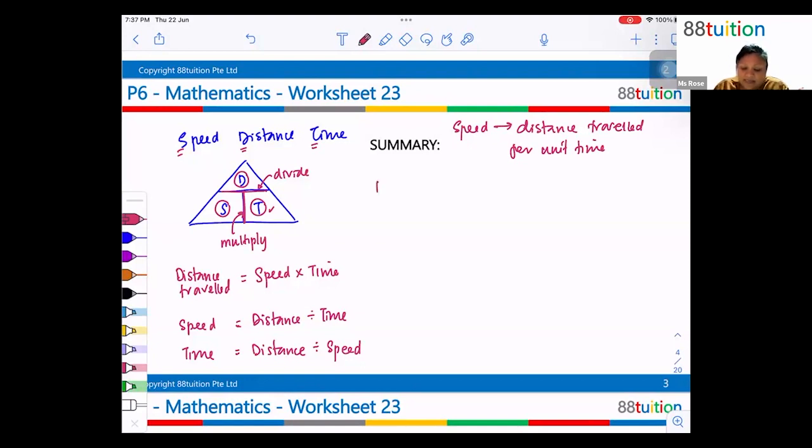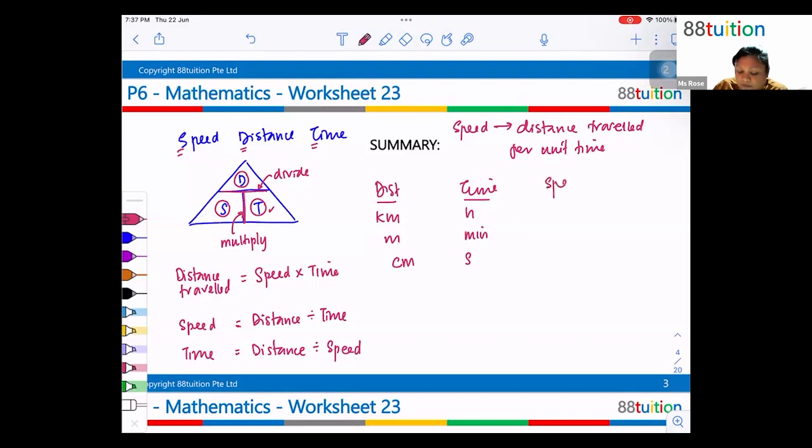That means the distance can be measured in kilometers, meters, and cm, and the time can be measured in hours, minutes, and seconds.